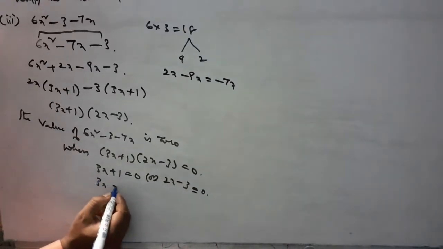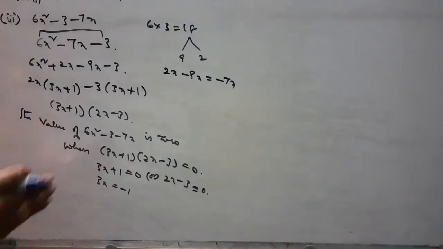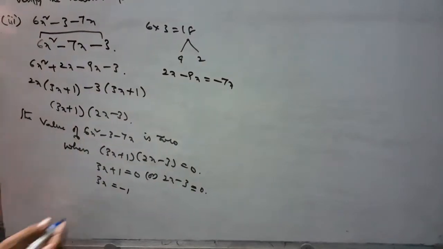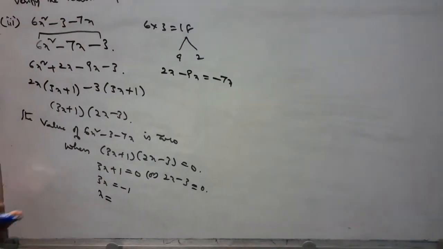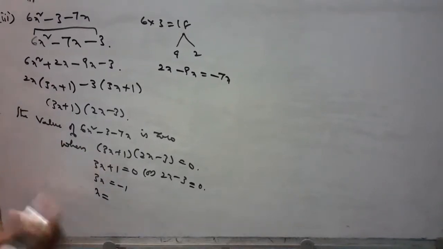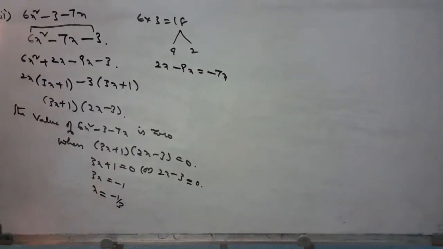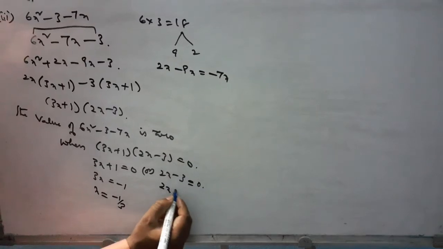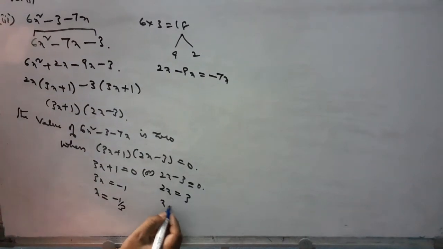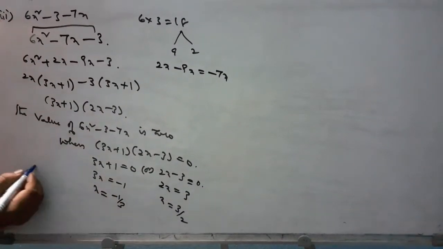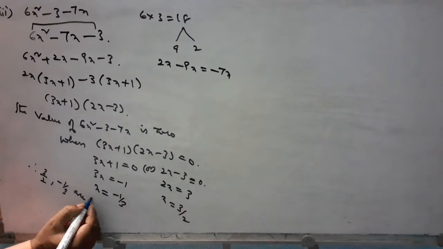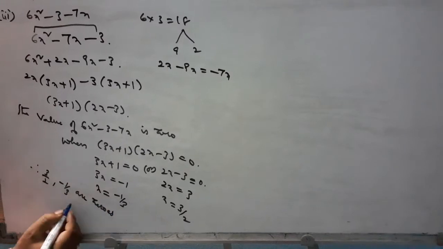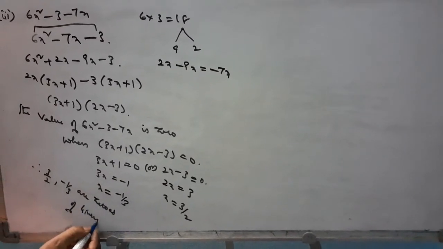So 3x is equal to minus 1, plus 1 become minus 1, and x is equal to, it is a product of the x. If you bring it to the right side, it becomes the denominator. So we will get minus 1 by 3. Here also 2x is equal to 3. x is equal to 3 by 2. So therefore 3 by 2 comma minus 1 by 3 are zeros of the given polynomial.